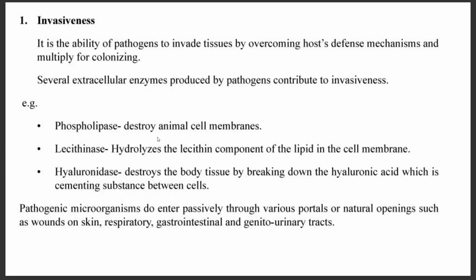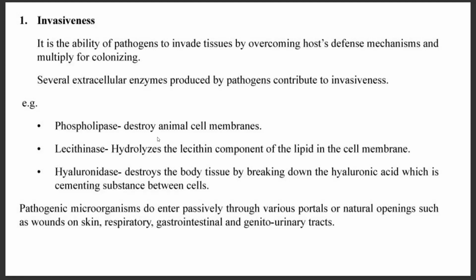Right? Here, in this mechanism, the pathogens can produce extracellular enzymes and they invade the tissues by overcoming the host defense mechanism, multiply and colonize the host and cause the disease, right?